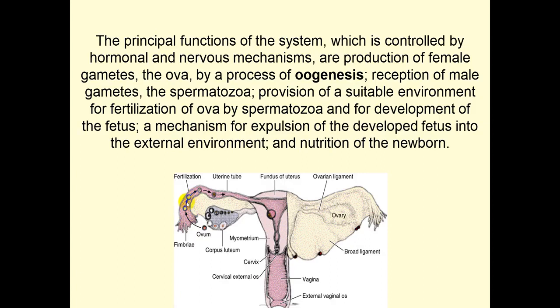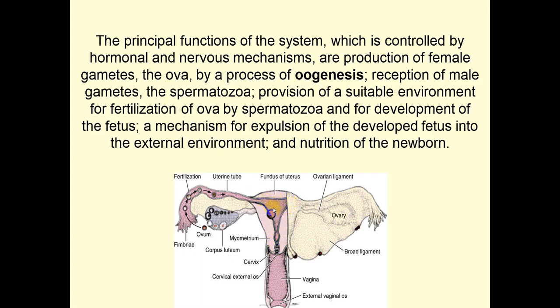Then the fertilized or unfertilized ovum passes along this oviduct. If unfertilized, the ovum dies, but if fertilization happened, for the first 7 days the embryo lives in the uterine tube, and on the 7th day of gestation reaches the uterus.